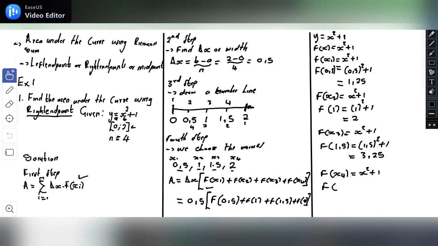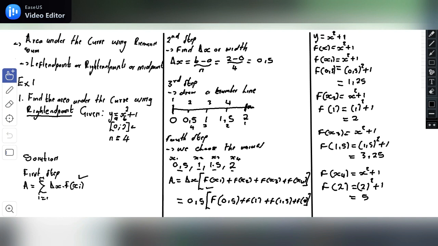Therefore, we know that x4 is 2. So it's going to give us 2 squared plus 1, which is going to give us 5. So now we are done. You can see that we have the values of f of x1, f of x2, f of x3, and also the last value, f of x4.